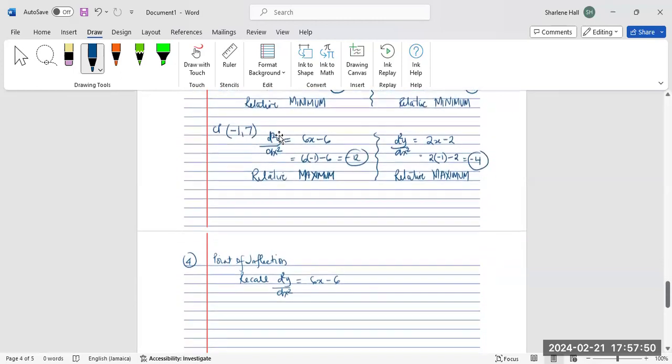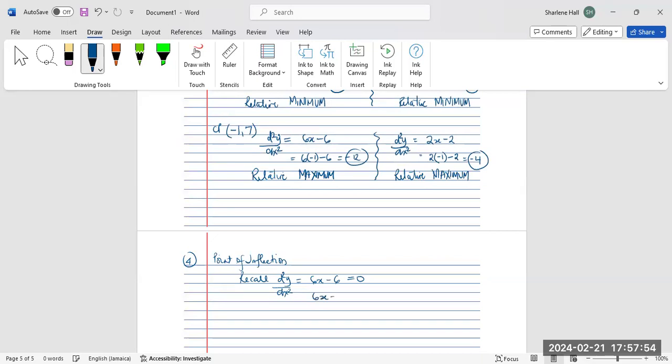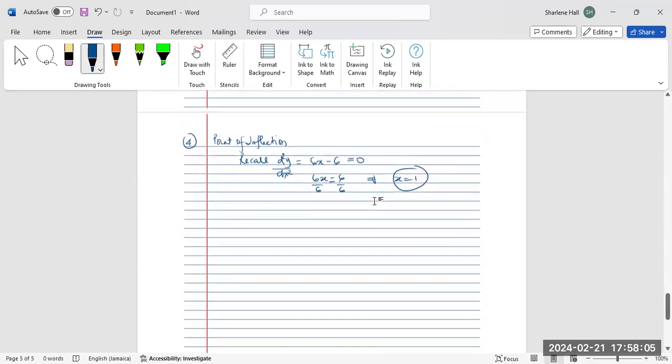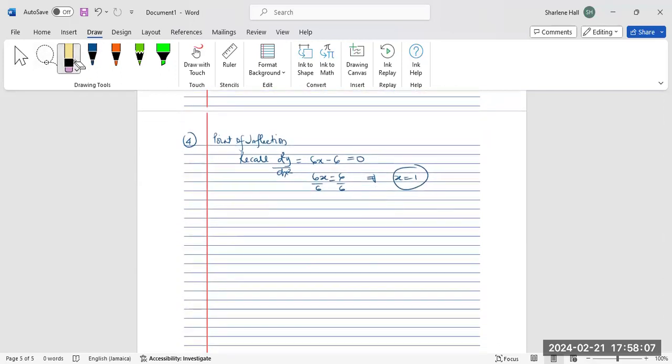When I set this equal to 0, 6x is equal to 6. Divide both sides by 6. It implies that x is equal to 1. Yes, no, maybe so? Correct. Good job.